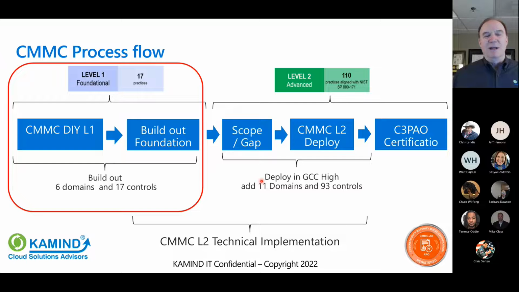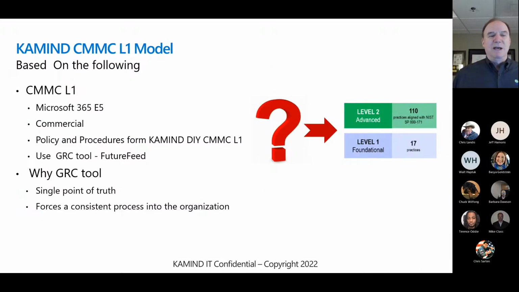Now, when we looked at the best way we can help the community and our clients, we introduced the concept of a DIY kit, which gives you the whole idea of how to build this model so you put the foundational pieces in place for CMMC level 1. This is crucial because, as an organization, CMMC level 1 is a self-attestation.